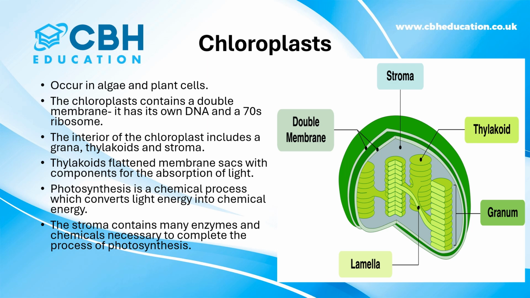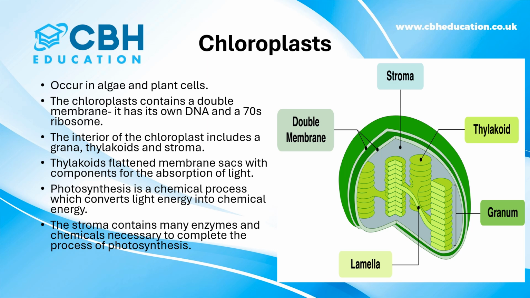So chloroplasts occur in algae and plant cells. Now, one of the things is that chloroplasts again have a double membrane, and they have their own DNA and a 70S ribosome, which is important to remember. Now, the interior of a chloroplast includes grana, thylakoids, and the stroma. With the thylakoids, they are flattened membrane sacs, and these contain the components for the absorption of light.